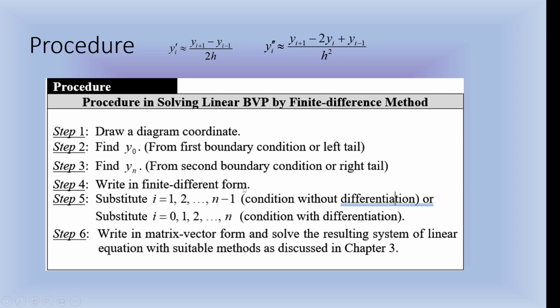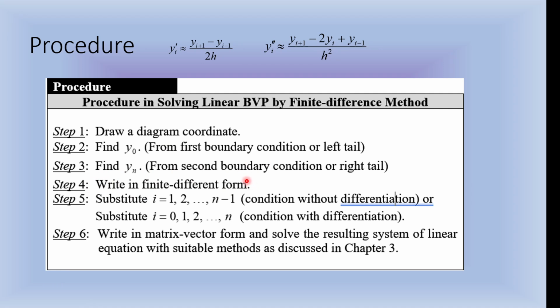Later on, the second order differential equation, you are going to replace the second derivative using yi plus 1 minus 2yi plus yi minus 1 divided by h squared. The first derivative you are going to replace using yi plus 1 minus yi minus 1 divided by 2h. And then you get the formula in terms of the finite difference form.